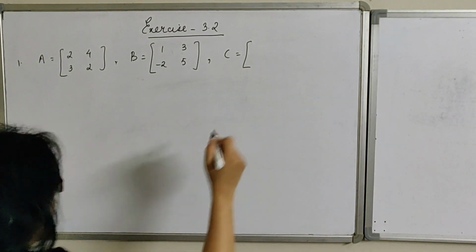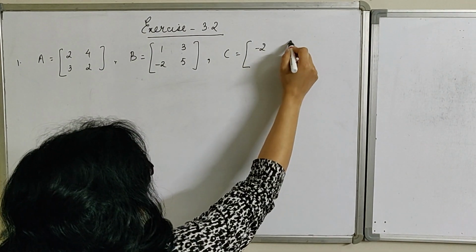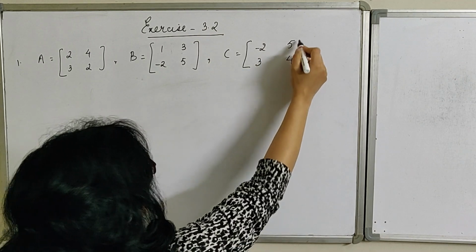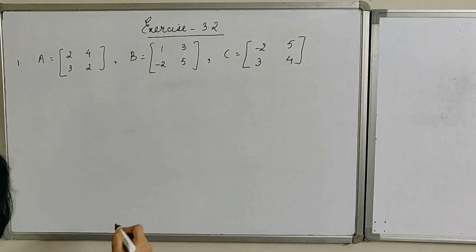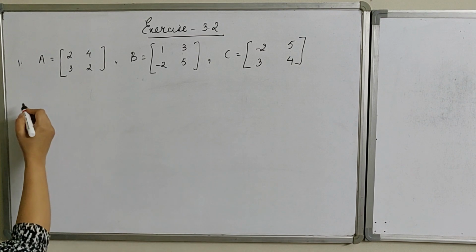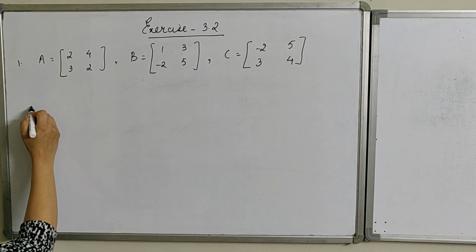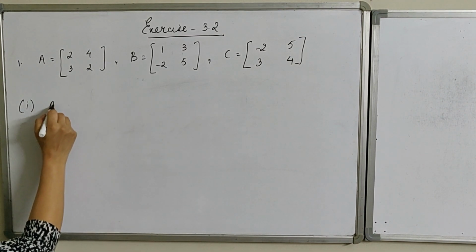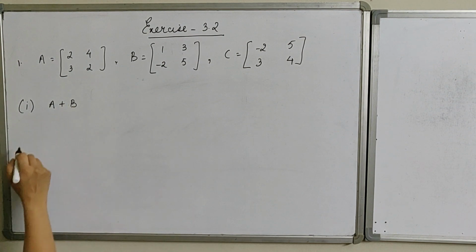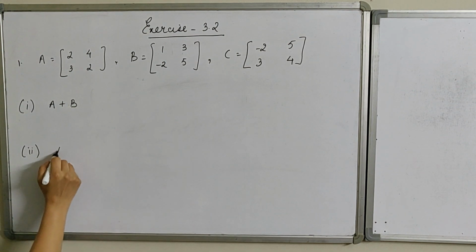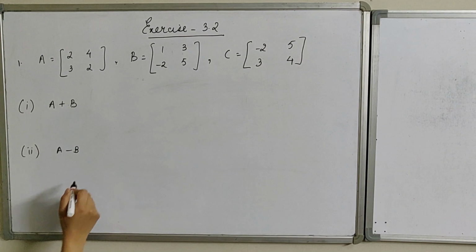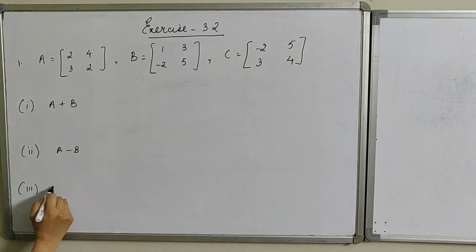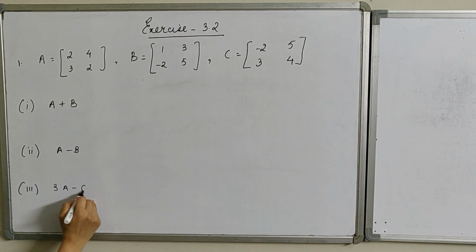Matrix C is -2, 5, 3, 4. So as you can see, there are three matrices of the same order, 2 by 2, and we have to find out here A plus B, A minus B, and 3 times A minus C.